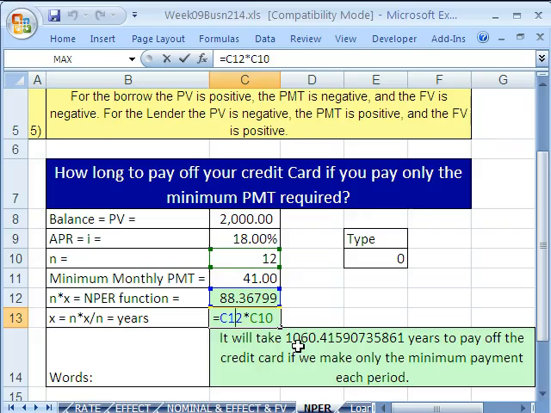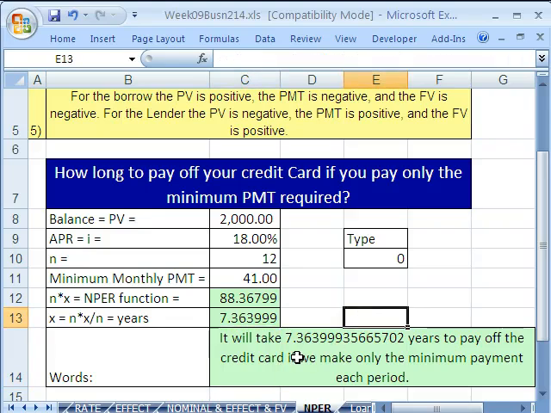Oh, we did something wrong there. Divided by, sorry. This is all of the periods, and we want to figure out years. So of course, since there's 12 months in a year, you have to divide. All right, so it will take 7.36, 7 1/3 years to pay off the credit card if we make only the minimum payments each period.